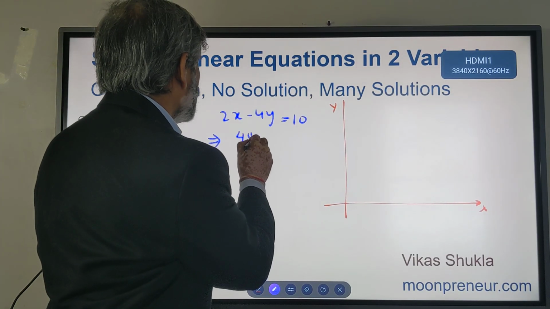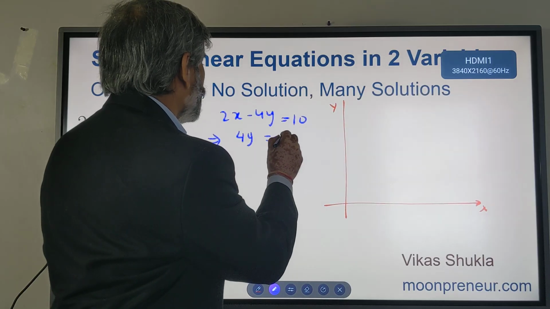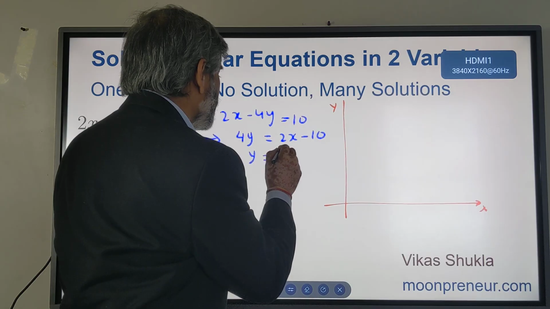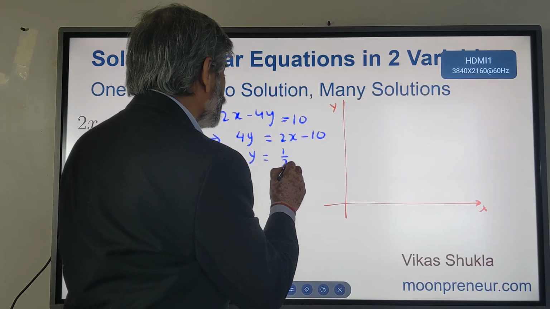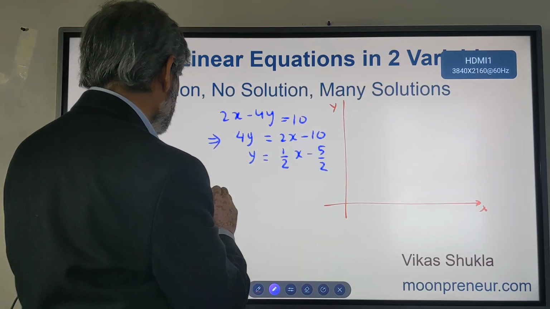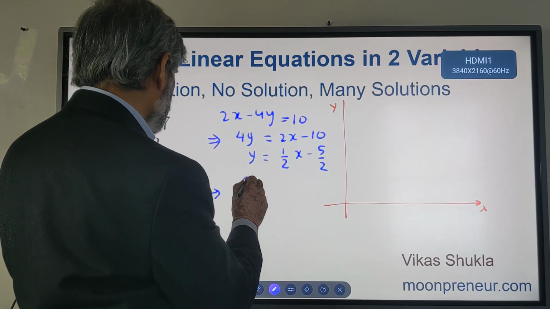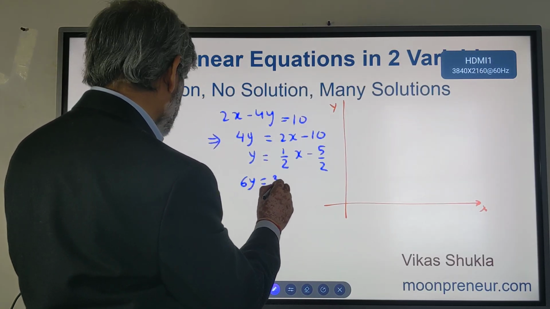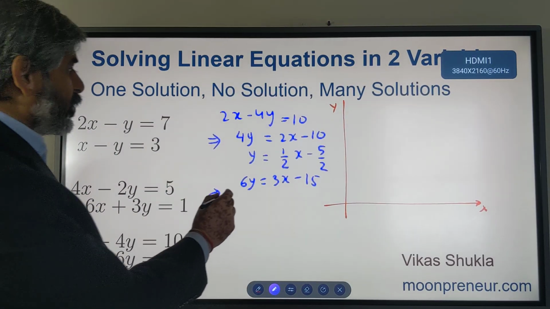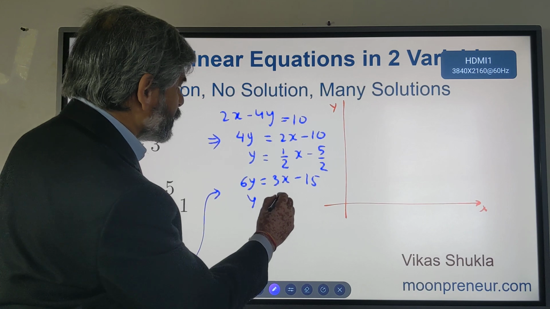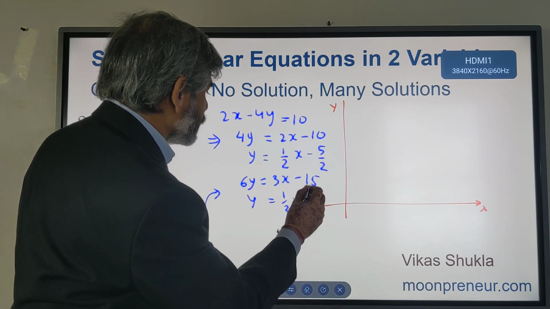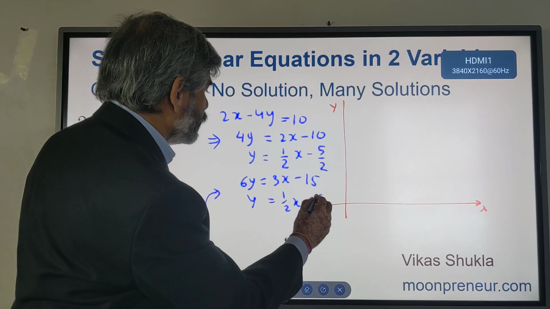This equation is 4y equal to 2x minus 10, and in y equal to mx plus c format, it's going to be 1 upon 2 x minus 5 by 2. And let's do the same thing for this one. So we have 6y equal to 3x minus 15, and then y is equal to 3 by 6, which is half x, minus 15 by 6, which is 5 by 2.